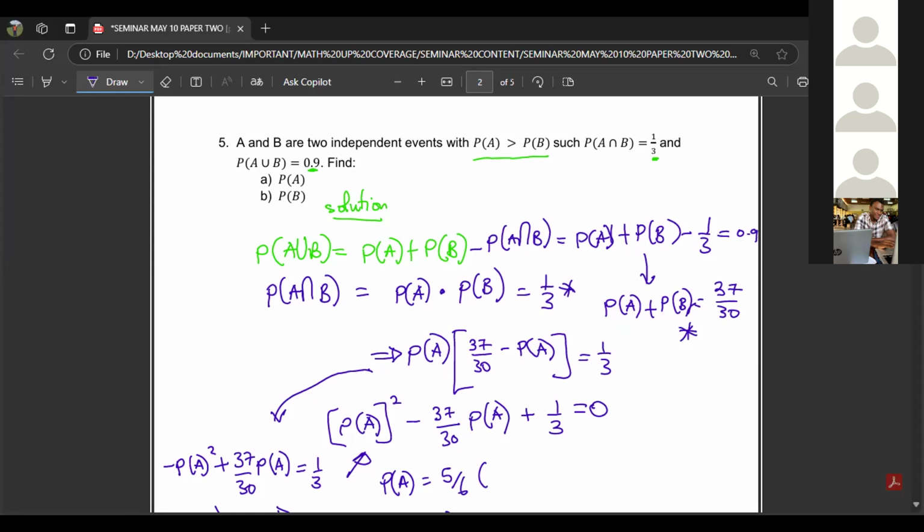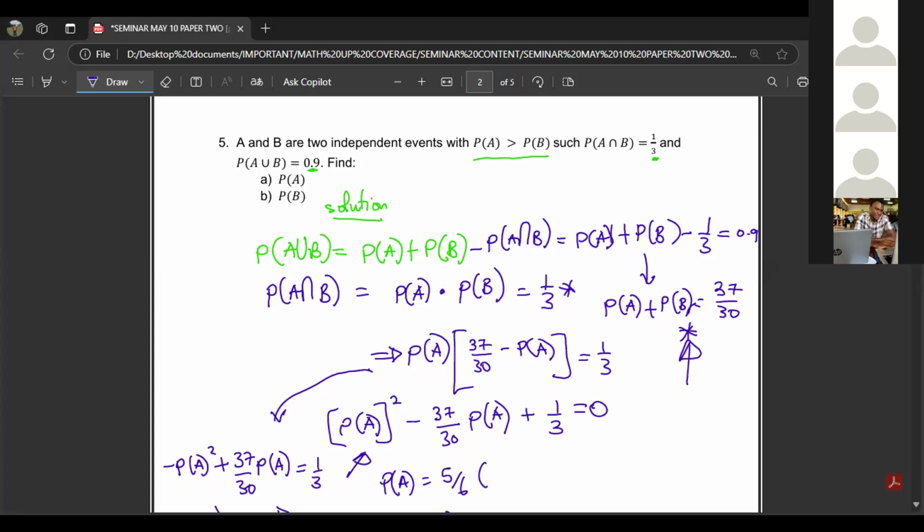And from our first expression, probability of A union B equals probability of A plus probability of B minus probability of A intersection B. You make the substitutions and you come up with an equation with probability of A plus probability of B equals 37 over 30. So that gives us two equations that we can solve simultaneously by substitution.